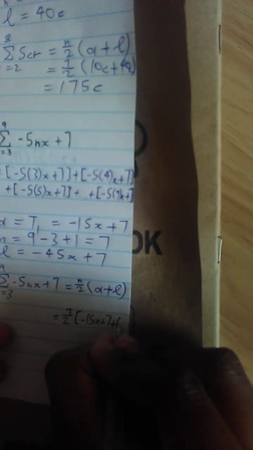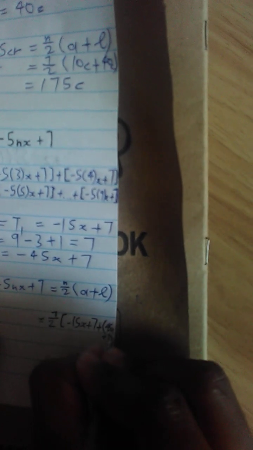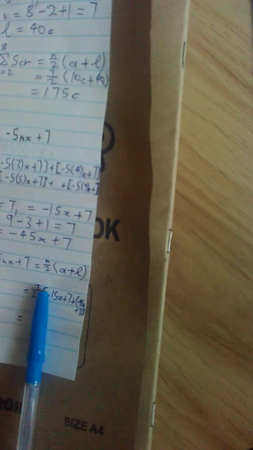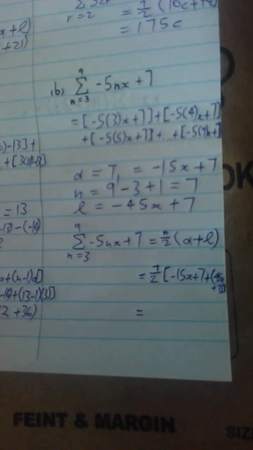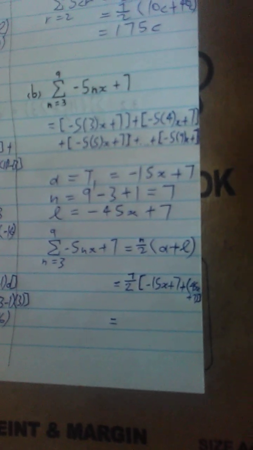Oh my. Sorry about that. So like terms, negative 15x minus 45x is negative 60.